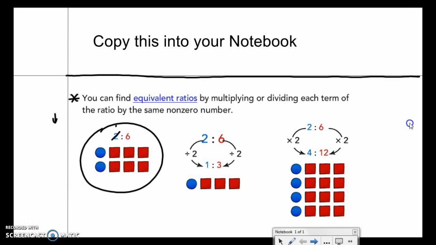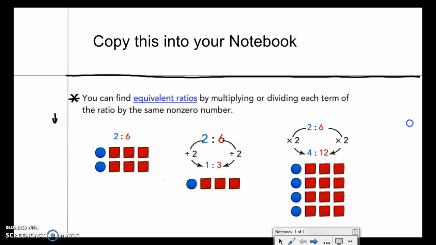2 divided by 2 is 1. 6 divided by 2 is 3. That would be the same as saying I'm going to divide this ratio in half. So now I have a 1 to 3 ratio. That's what this says. What if I wanted to make a ratio larger? Well, you would look at your original ratio, which was 2 to 6.